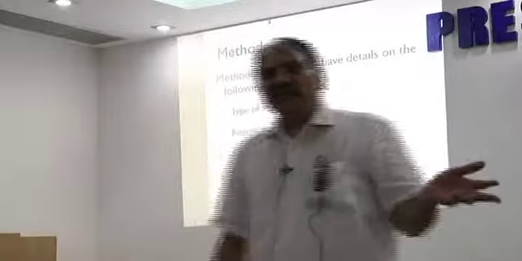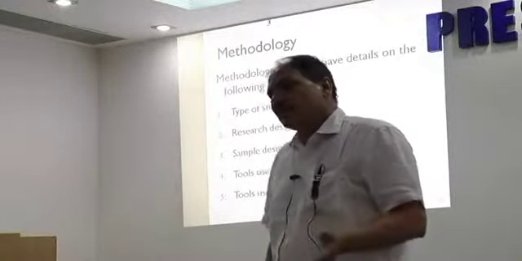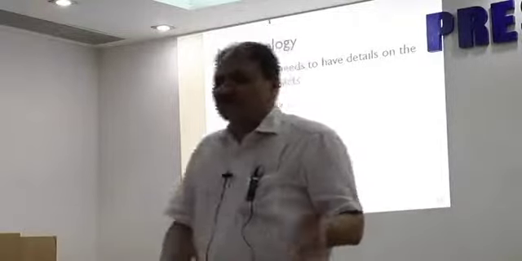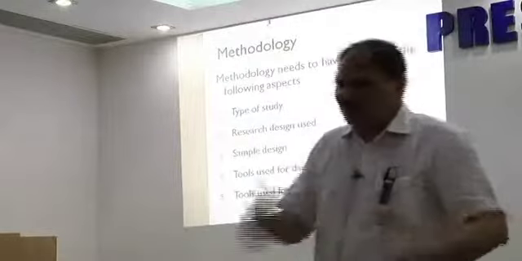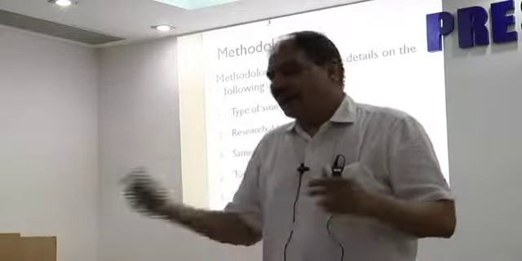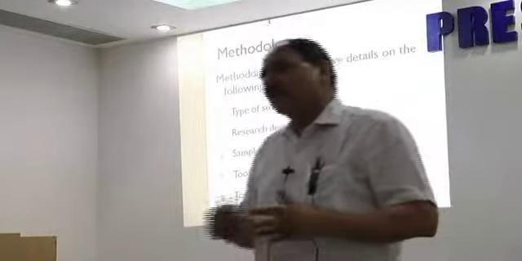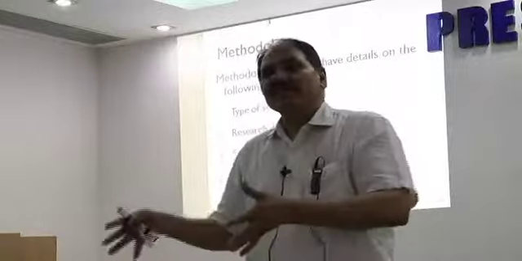But otherwise, there are so many tools that can be used for observation. There are a number of mechanical tools or machines that can be used for collecting observation data. So measurement tools can be machines.